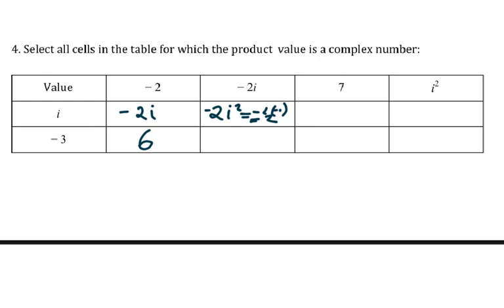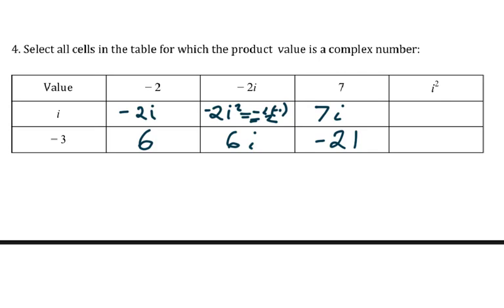I hope you can read that. Then I have negative 2i times negative 3, which is 6i. 7 times i is 7i. 7 times negative 3 is negative 21.